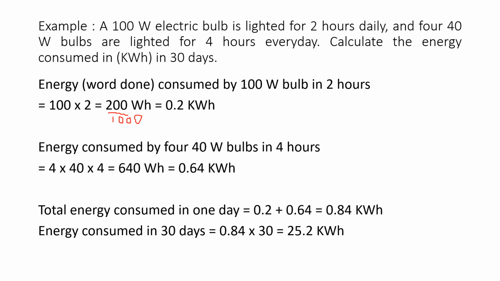Now since we have used this in the whole month, the total bill will be 25.2 into 10, which is 252 rupees. Do you follow this? Since we have used 25.2 electrical units, into 10 will give us a 252 rupees bill only for the lights.